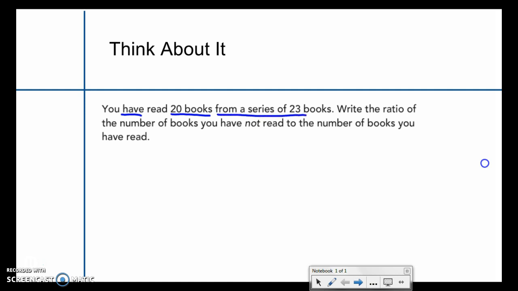Write the ratio of the number of books that you have not read to the number of books you have read. Okay? So we're doing the books that we've not read to books we have read. Well, of the total number of books, which is 23, we've already read 20 of them, so we've read a lot. But we haven't read 3 of them.